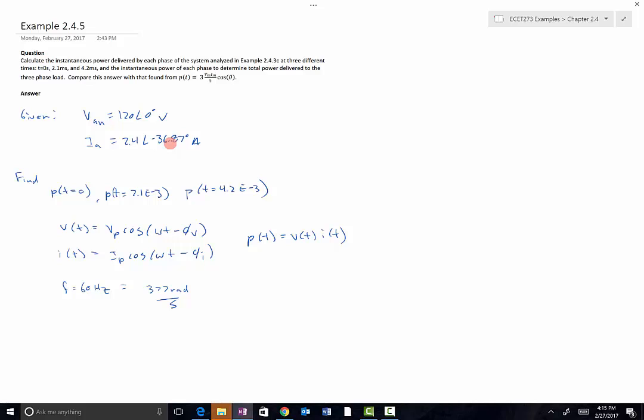Our phase shifts that we have here are in degrees, and so we need to convert the phase shifts over to radians, or we need to convert the angular frequency over into degrees per second. I happen to just know that 377 radians per second is equal to 21,600 degrees per second.